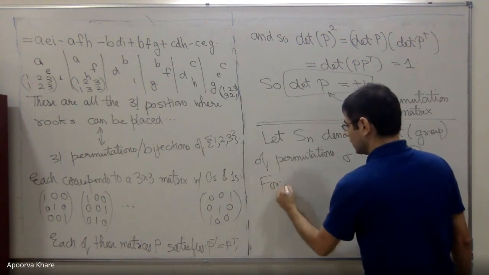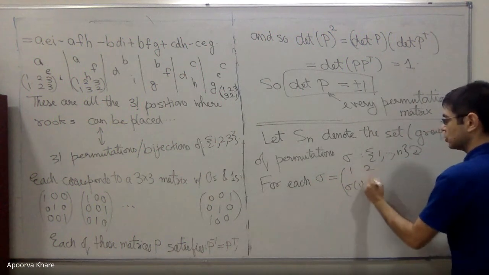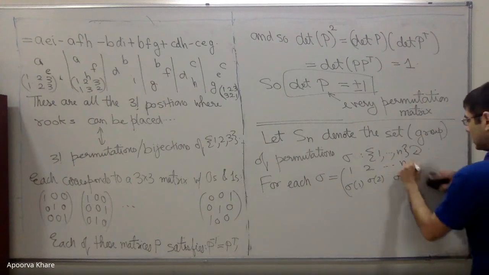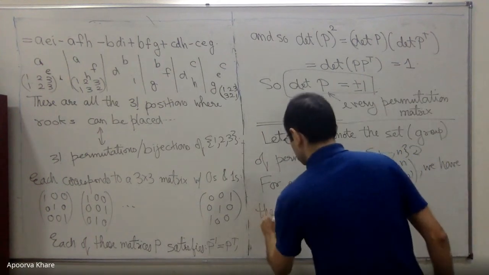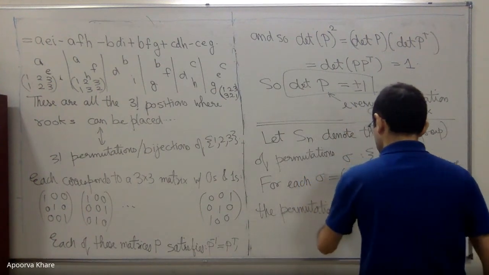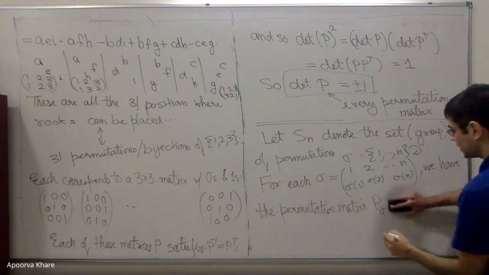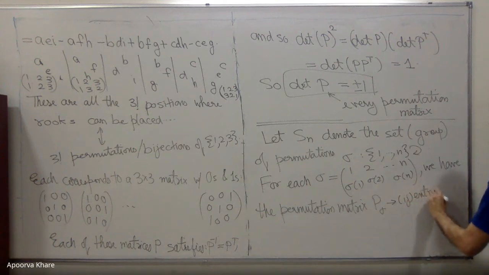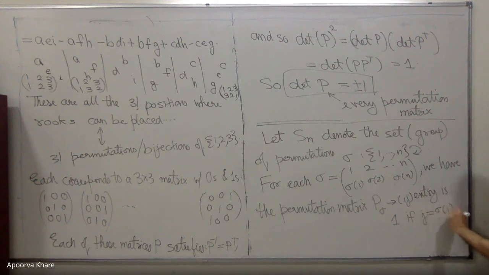For each sigma, 1 goes to sigma of 1, 2 goes to sigma of 2, and so on. n goes to sigma of n. We have the permutation matrix P sigma, which is just the ijth entry is 1 if j equals sigma of i and 0 otherwise.